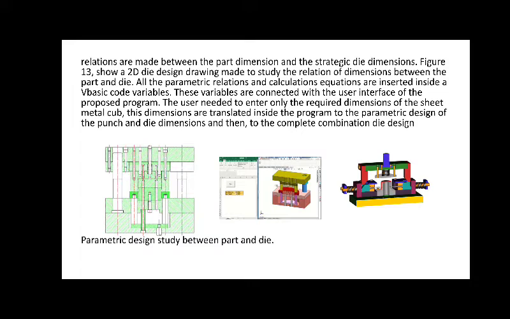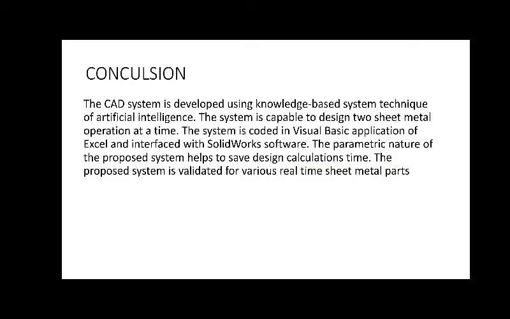These variables are connected with the user interface of the proposed program. The user needs to enter only the required dimension of the sheet metal cup. These dimensions are translated inside the program to the parametric design of the punch and die dimension, and then to the complete combination die design.